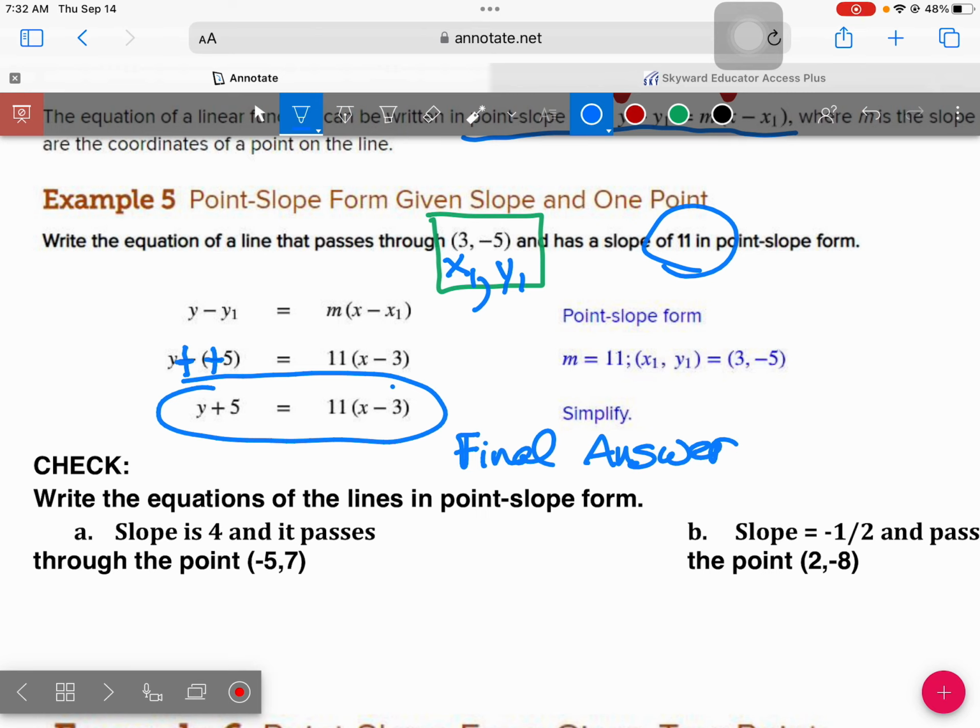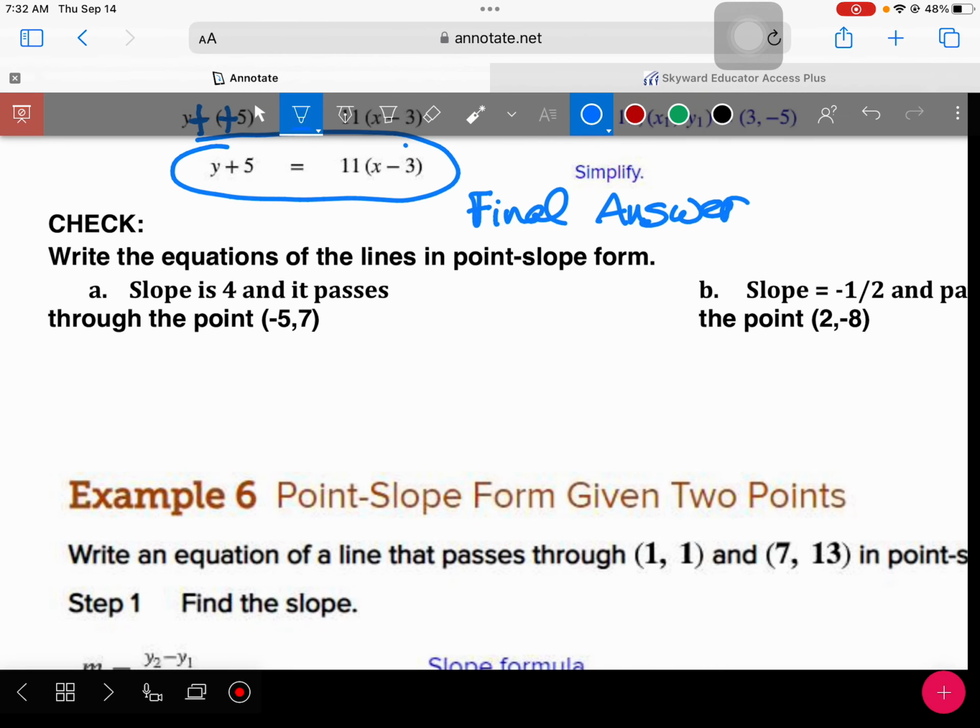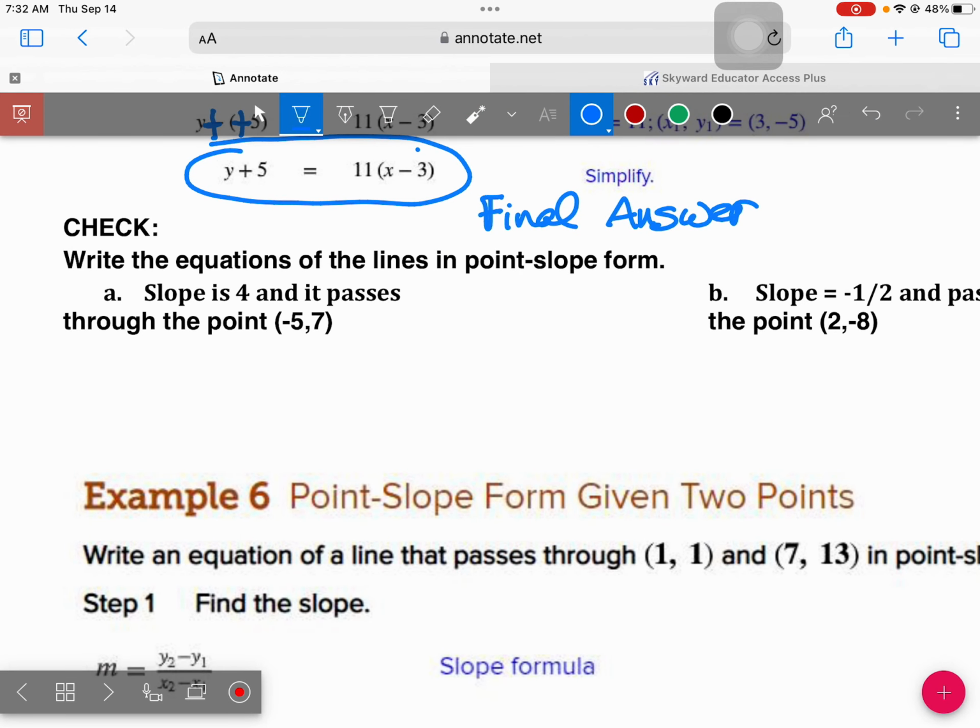All right, so let's take a look at these checks. See if we can do what they just asked us to do. Write the equations of the lines in point slope form. First thing I'm going to do is write the point slope form itself, which is y minus y sub 1 equals m times parentheses x minus x sub 1.